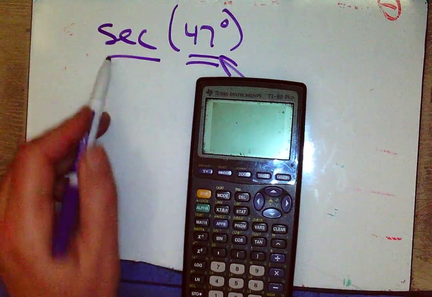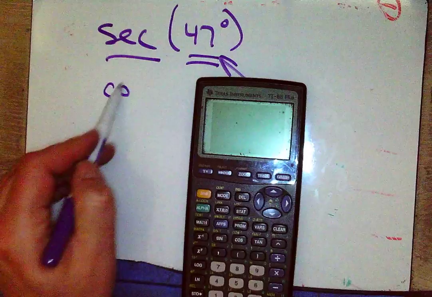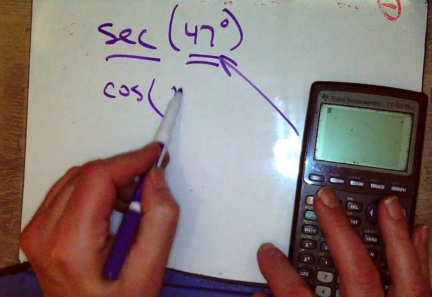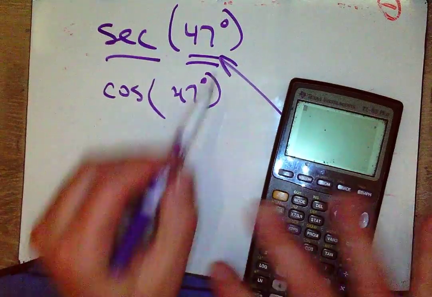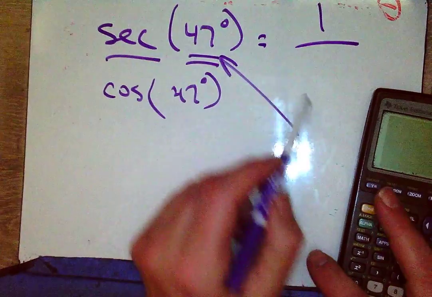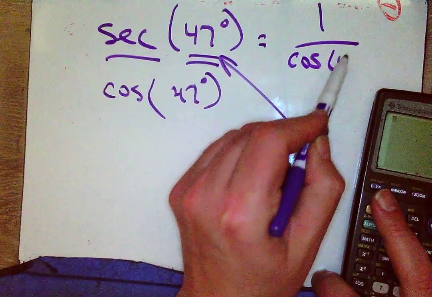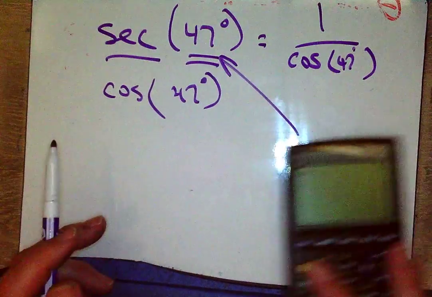Now, what are we going to do about secant? Well, I know that secant is the reciprocal of cosine. So I'm going to find the cosine of 47, and then say that secant is 1 over that cosine of 47 degrees.